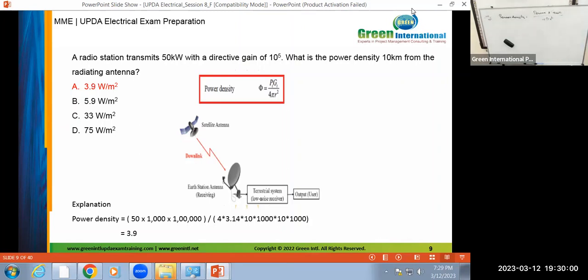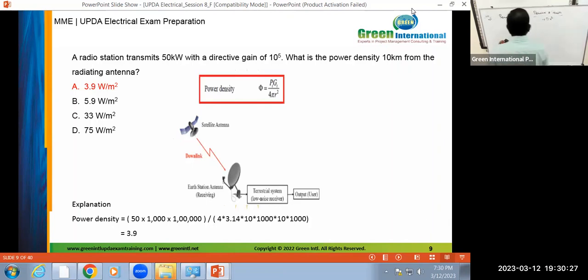So power density is power into gain divided by 4 pi r square. Usually r refers to the radius, but in this particular problem, r refers to the distance between the antenna and the receiver, the distance between the transmitter and receiver.